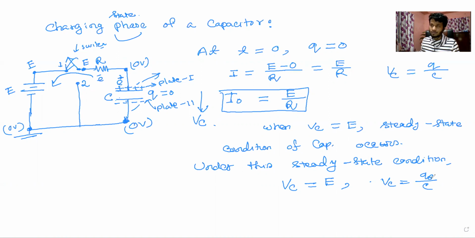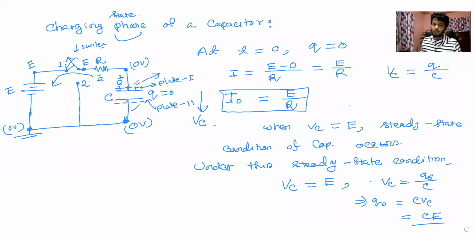It is read as Q naught. So Vc equals Q naught upon C, so Q naught would be C Vc, right? And under steady state condition, Vc equals E. So Q naught equals C E, and this Q naught is the maximum amount of charge on this capacitor.